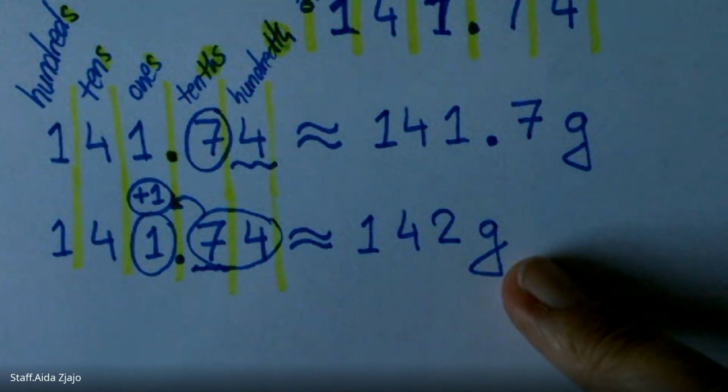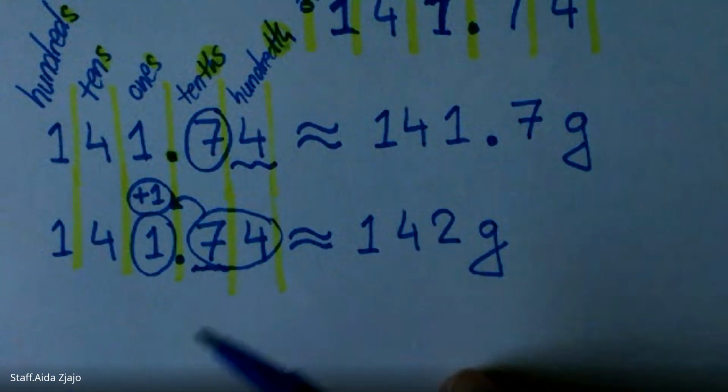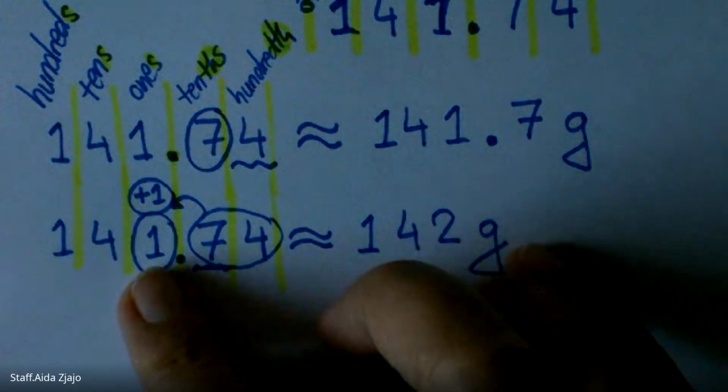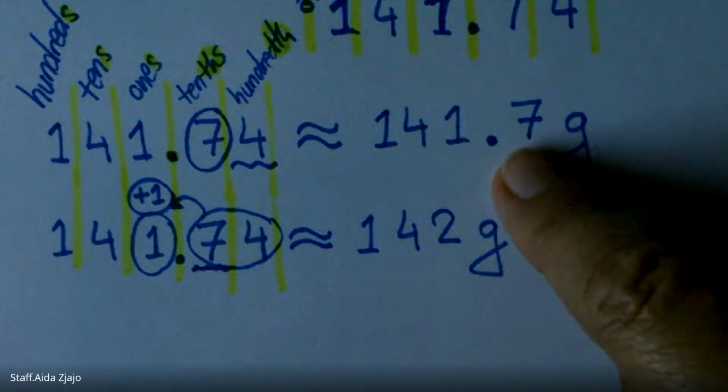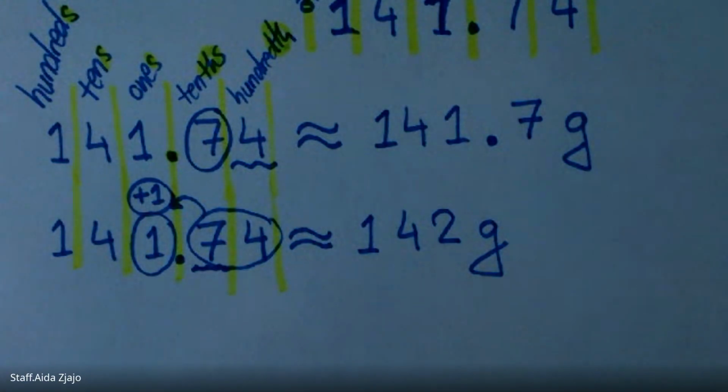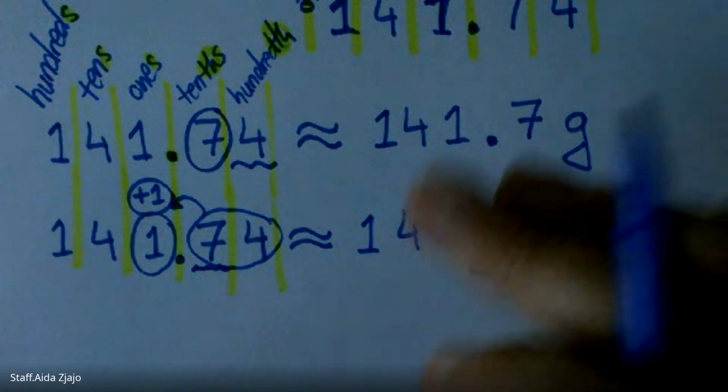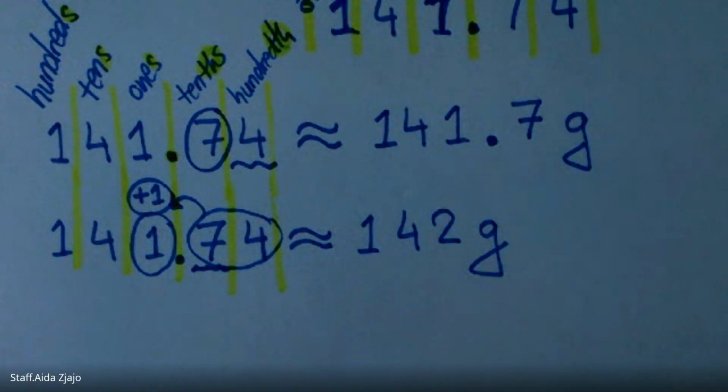The better rounding is to the whole gram, instead of saying 141 and 7 tenths of a gram. People will understand it's about 142 grams.